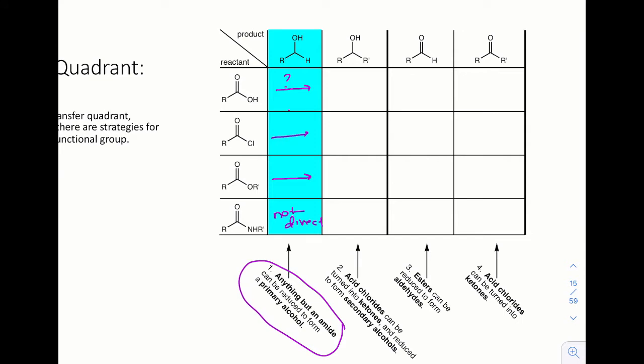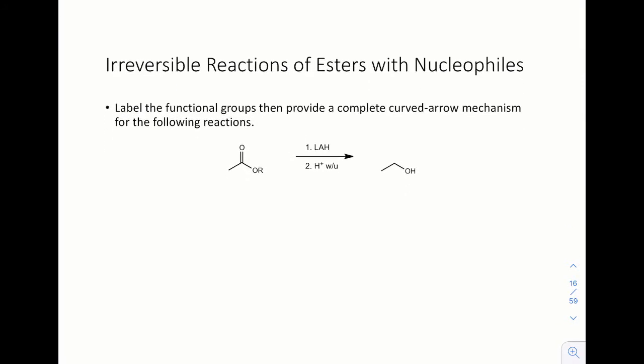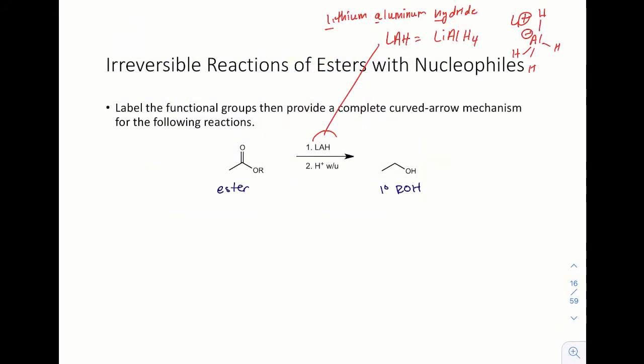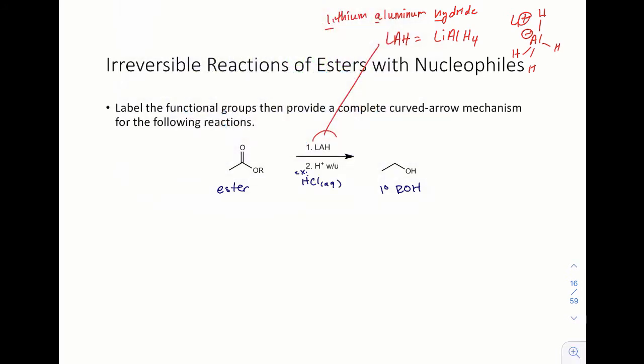Let's learn what these reactions are that directly convert these 3 functional groups into primary alcohols. We will start with the ester. When esters are treated with lithium aluminum hydride, followed by an aqueous acidic workup, such as dilute hydrochloric acid, primary alcohols are observed.